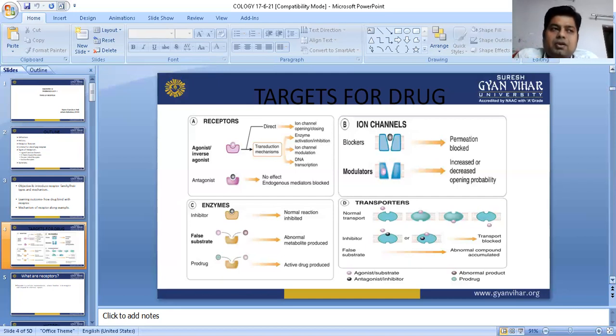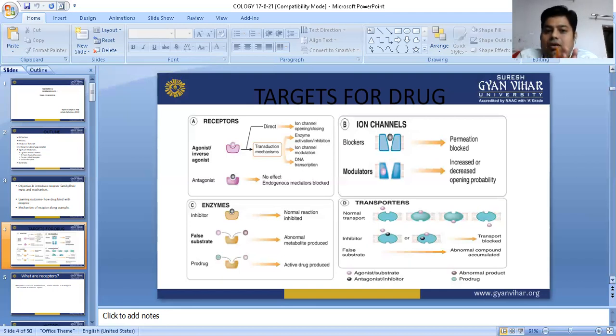In the opioid receptor, kappa receptor, when any patient takes an overdose of morphine and we want to save the patient, then we need to give a naloxone injection, and naloxone is going to bind with the kappa receptor. That's why morphine is unable to bind with the receptor and it will be passed out through the urine. So antagonistic substances also bind with the receptors.